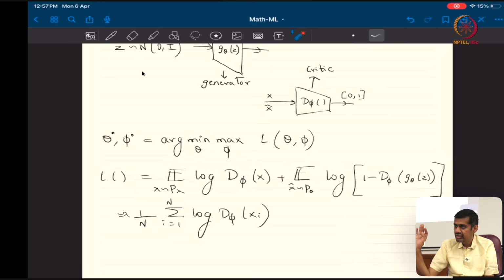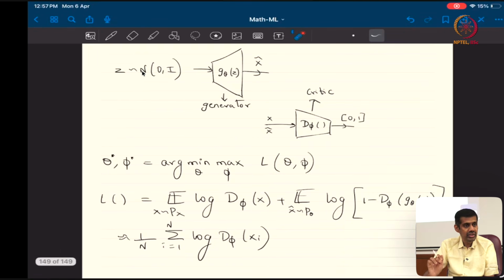Do you understand? Now you have to solve the optimization problem on the generator. By the way, for the discriminator you will have to take the negative of this and then optimize, because you are solving the maximization problem here. Then to optimize for the generator, what do you have to do?